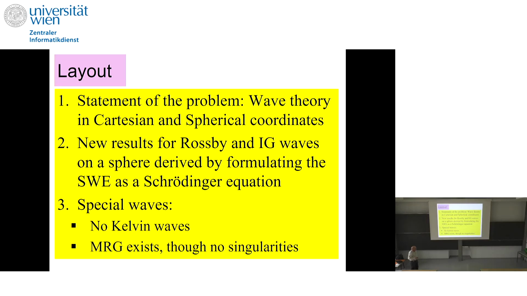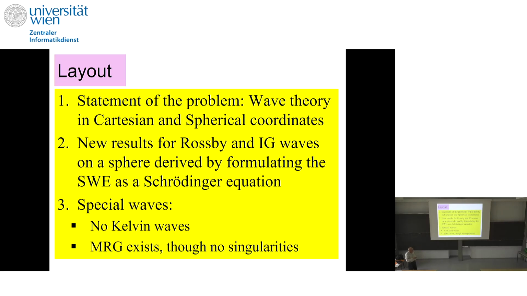And then I'll maybe mention, it's not very pertinent for this audience, the special type, the Kelvin waves, which we encountered in Cartesian coordinates, and it doesn't exist on a sphere per se as a degenerate wave in which V equals 0, so only U and eta solve the shallow water equations, which is three-dimensional, so it's a very special type of solution, even though at very large K, all inertial gravity waves become actually gravity waves.